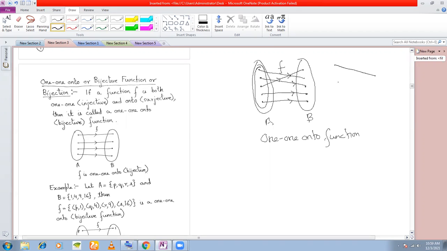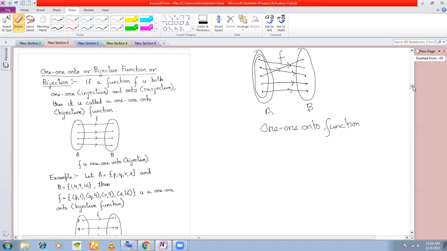Do you see this kind of a mapping here? You don't see, right? That is, three elements in A are not mapped to a single element in B, right? Single element of A to a single element of B. So that is what we call one-to-one onto, or simply we call one-to-one correspondence.